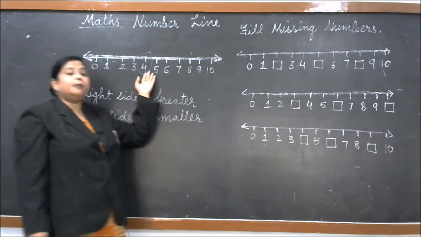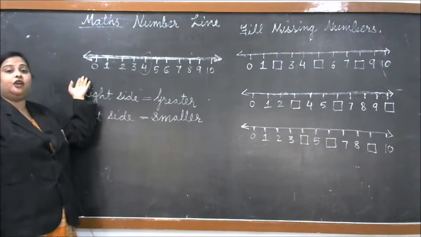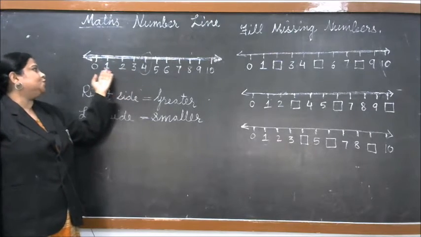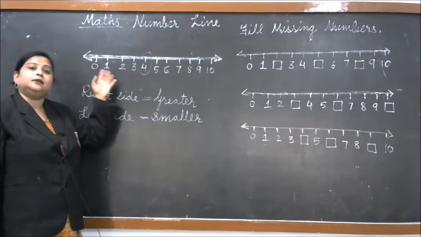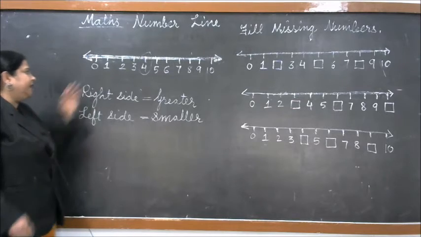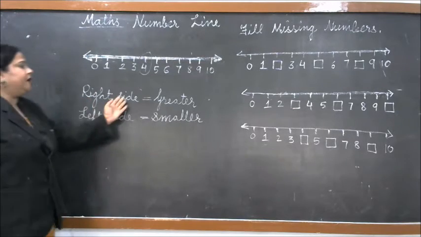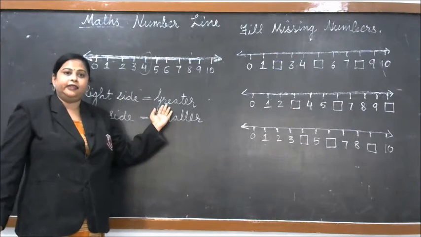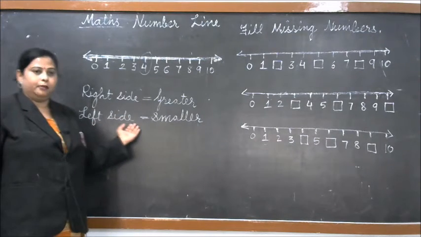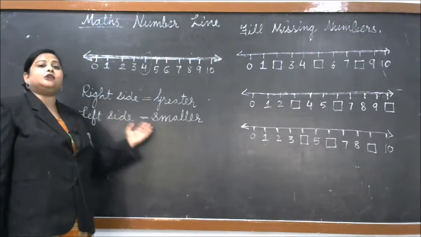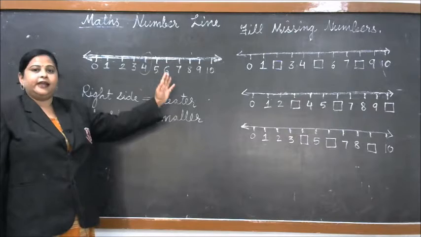Okay? And the numbers written on the left side of 4, that is 3, 2, 1, 0, are smaller than 4. That means the right side number is always greater than the left side number. Okay? The left side number is always smaller than the right side number.